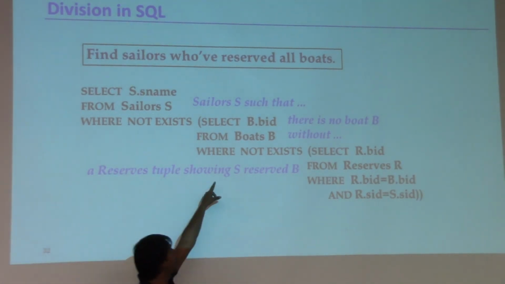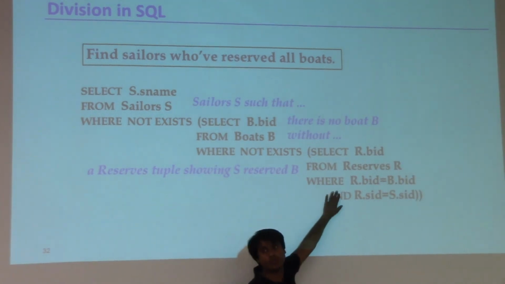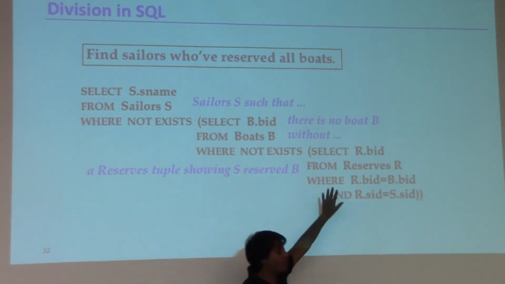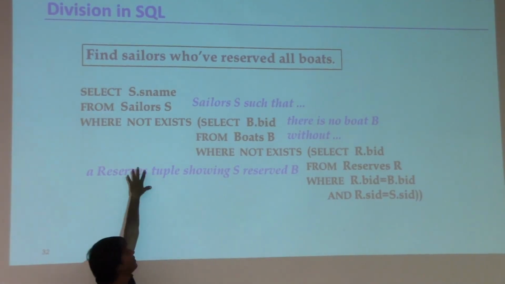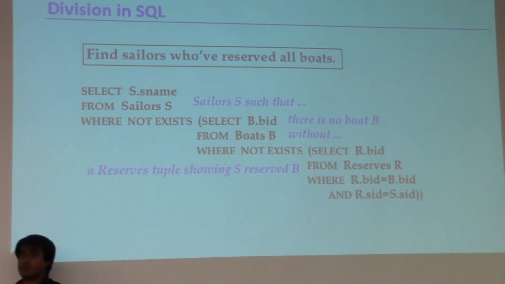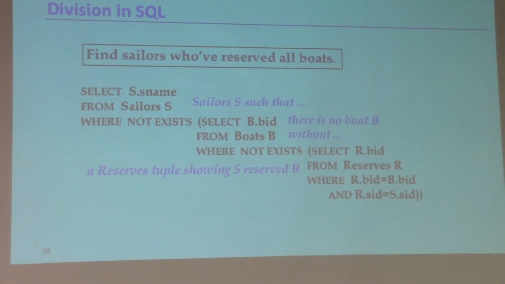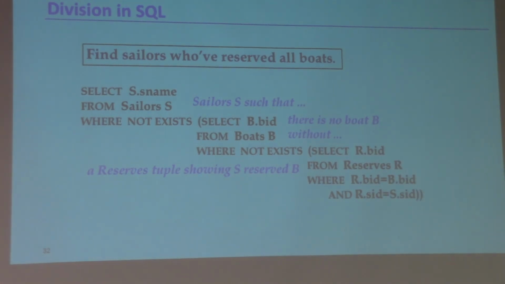And for that part to become null, you have to reserve all the boats. If I reserve all the boats, this will become null, and this will become true. Does anyone have any question? You need to go through the slides again after going home. But make sure that this part is the same as the disqualification rule.